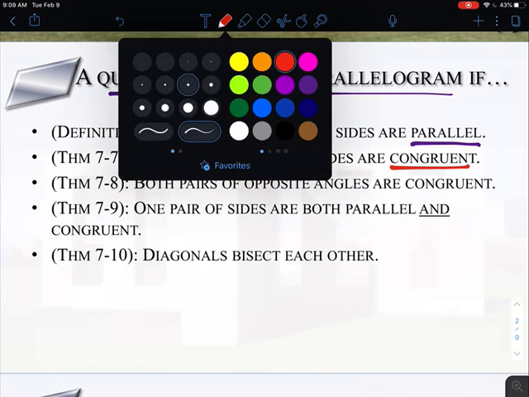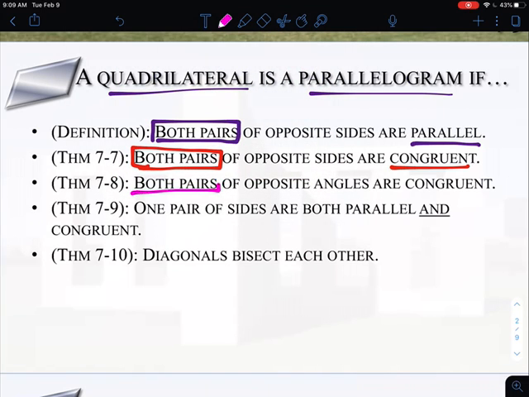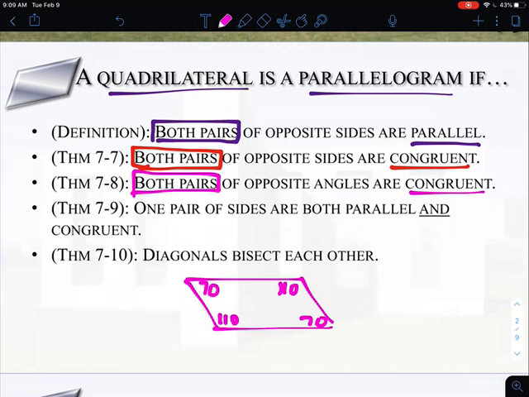Okay. We also have the next one here, which is both pairs of opposite angles are congruent. Again, we might get a picture, and if they show us, let's say this bottom angle is 110, this one's 110, this one's 70, this one's 70, we can see that these opposite angles are congruent, these opposite angles are congruent, and since both sets are, we can conclude that it's a parallelogram.